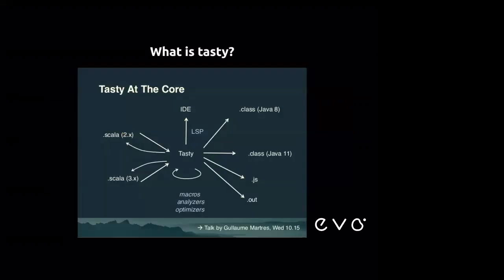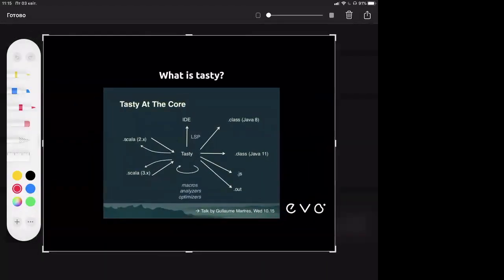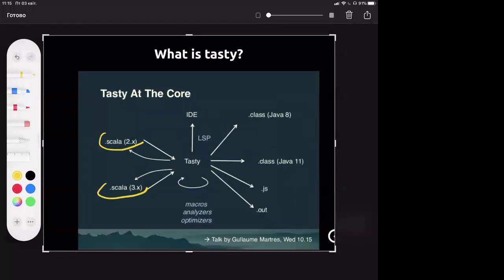So let's talk about Tasty. Tasty is a special intermediate format of your Scala code. It's probably like Java bytecode because it's an intermediate layer between your actual Scala code, Scala 2 code, starting from version 2.13 of Scala. Your Scala 2 code is compiled into Tasty format.